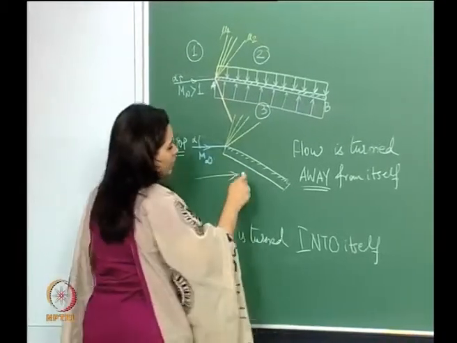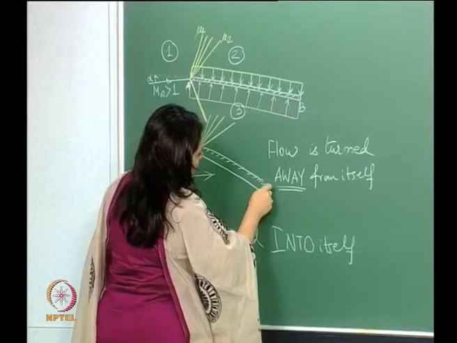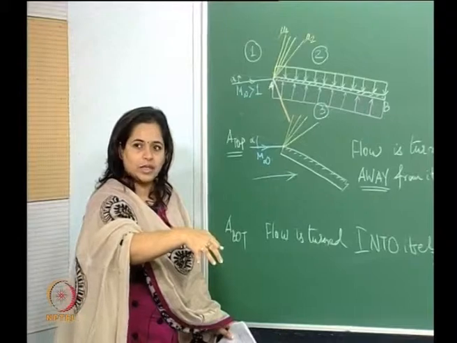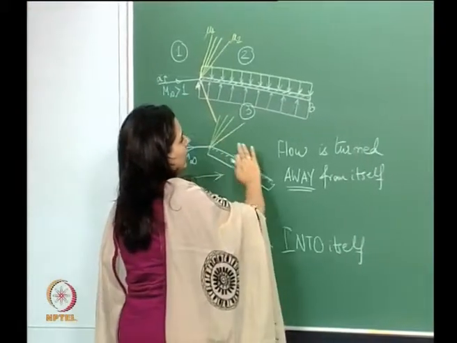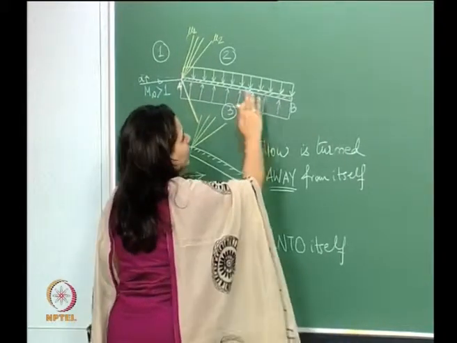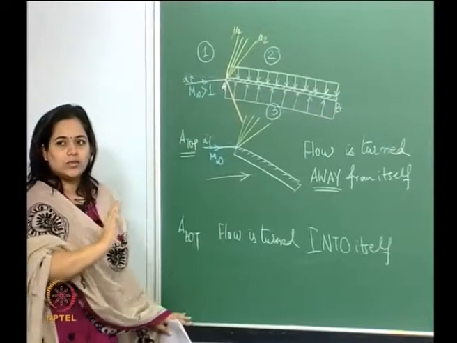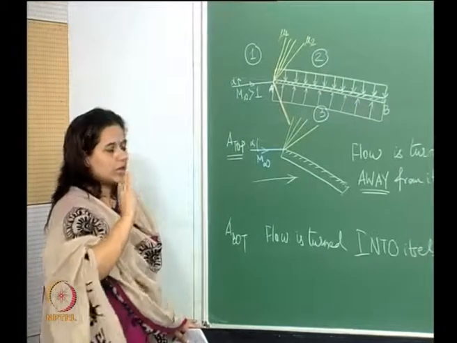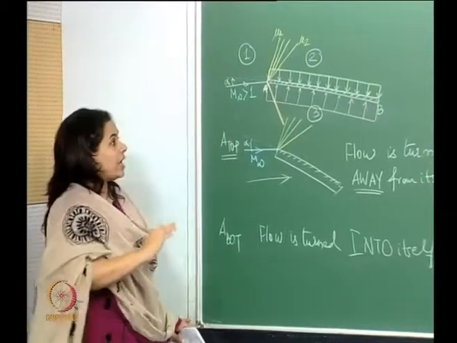But now when you come towards the end B, if you're still allowing it to expand, we will not have it move smoothly away from B. It will not leave the edge B smoothly, and it will not join the free stream, and we don't want that.